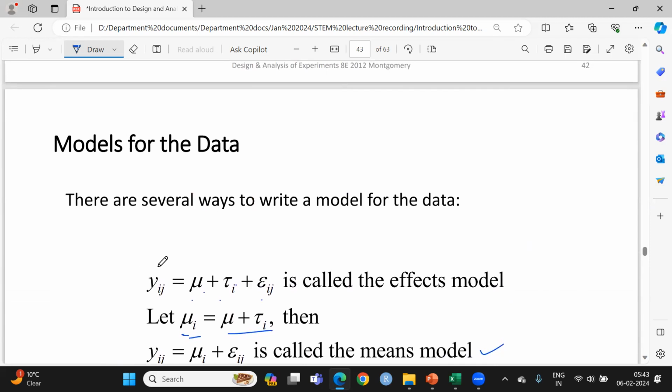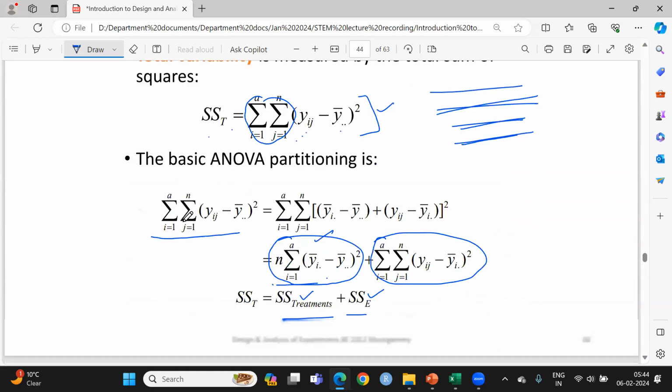This is the model that we have constructed. If we do not know the value of Yij, we can derive the estimated value of Yij by putting the value of mu plus tau i. So we want to see how much significant difference there is between Yij and its predicted value.